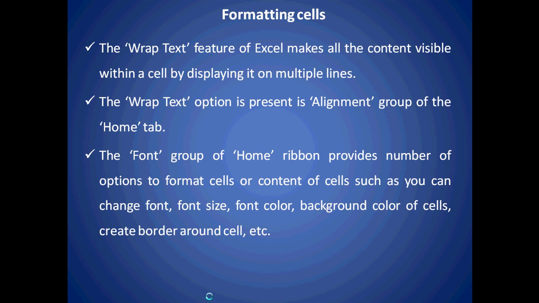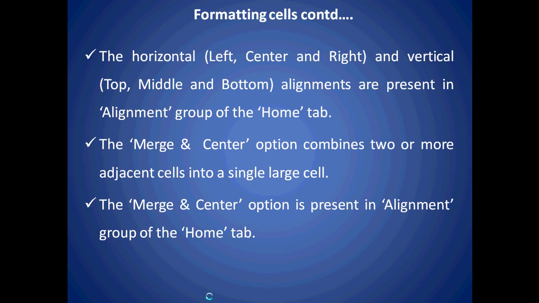The next thing is formatting cells, which we are continuing. For horizontal alignment we know left, center and right, and for vertical alignment there are top, middle and bottom. So both kinds of alignment are available. We can manage horizontally and also vertically. Here one important thing is that the merge and center option combines two or more adjacent cells into a single large cell.